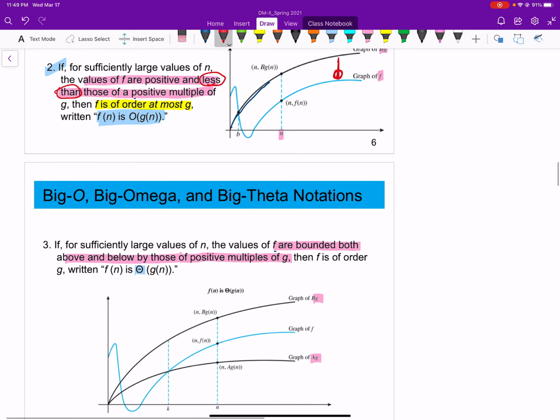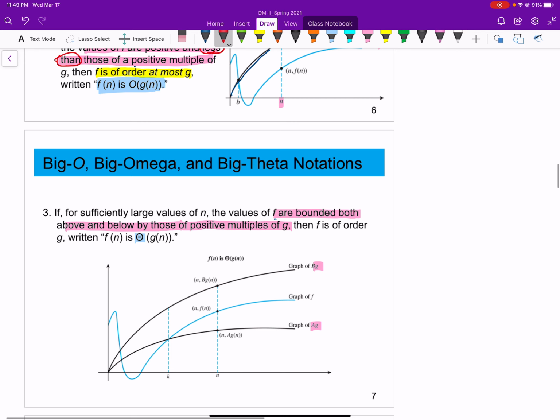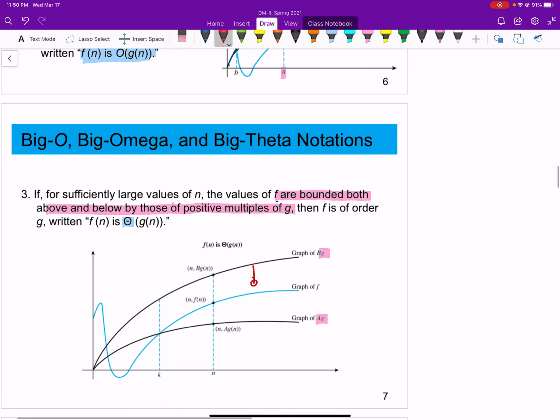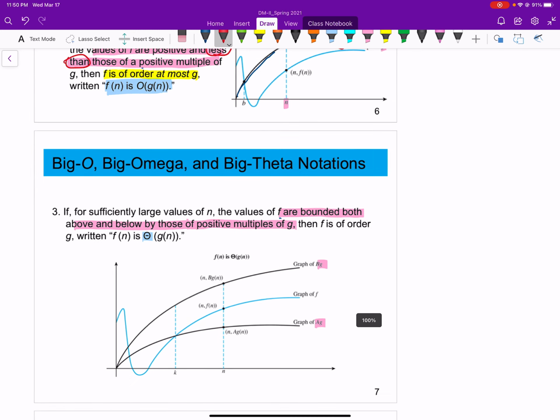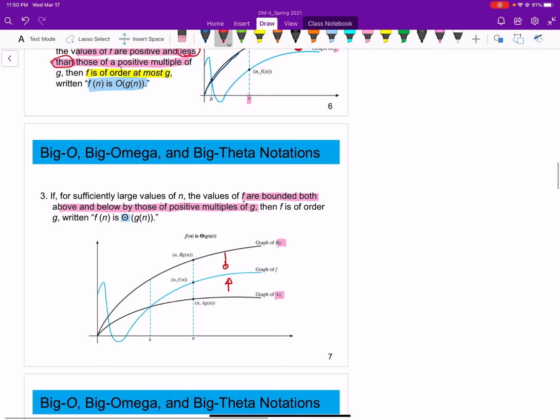What we do here is bound f above and below, and then we say that f is of order g, and we write it like this.